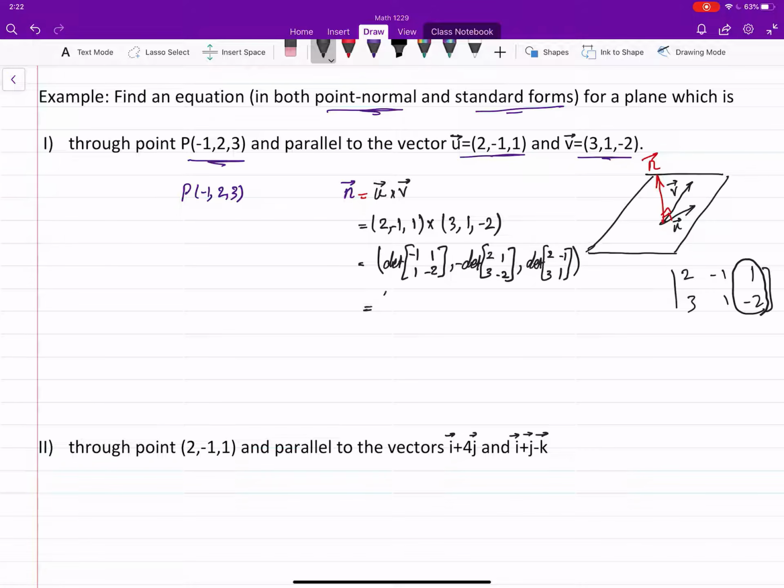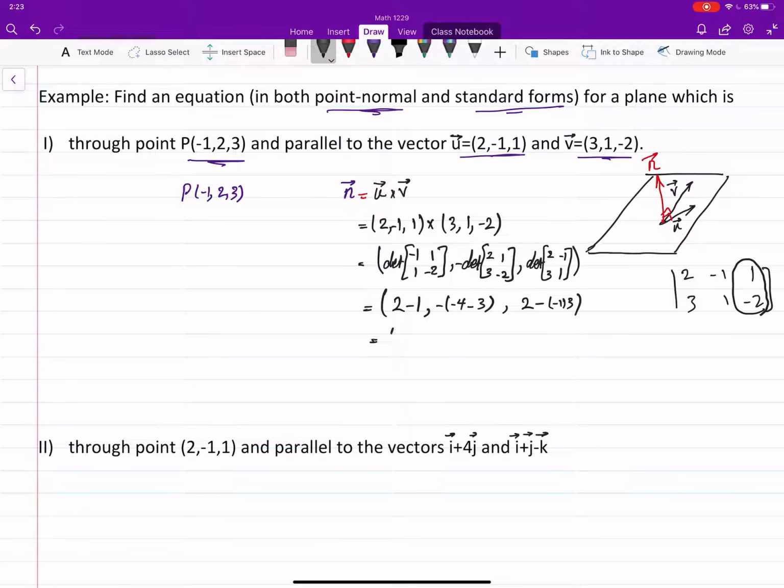Well, this determinant, multiply diagonal elements, -1 times -2 is 2, minus 1, is 1. Then -4 times, -2 times 2 is -4, minus 3 times 1 is -3, giving -7, and the last one is 2 times 1 minus -1 times 3, that is 5.